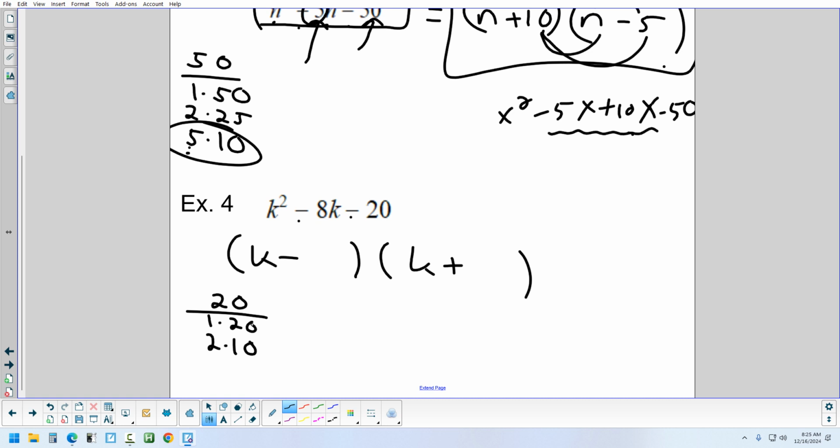How about 4? 4 and 5. Okay, so we got all the things that multiply to give us 20. And now we're looking for something that subtracts to give us, you tell me, what number? Yeah, the number in the middle. So it's definitely a 2 and a 10.